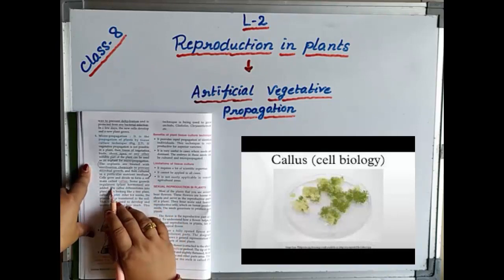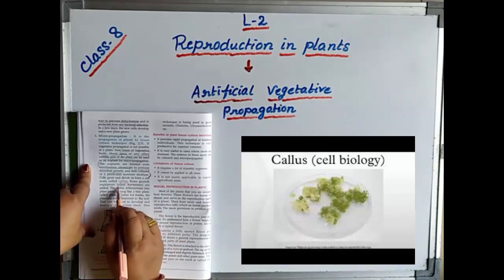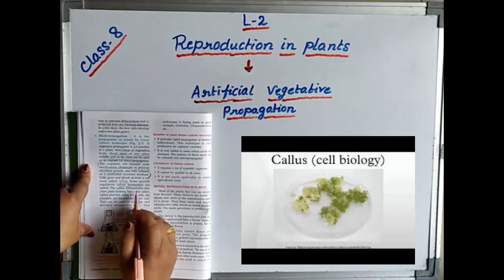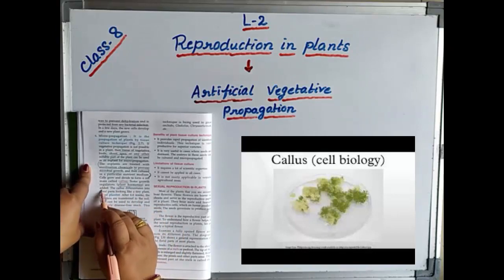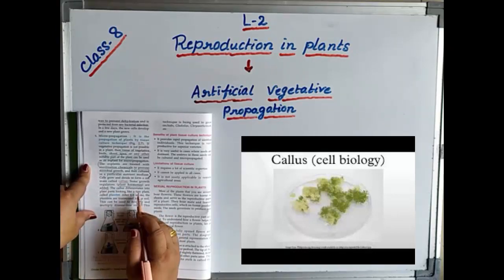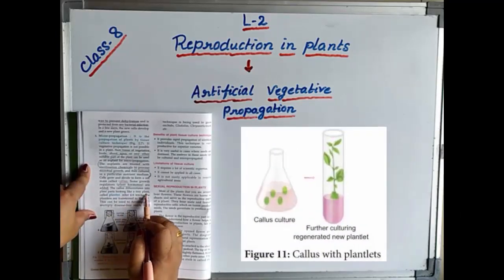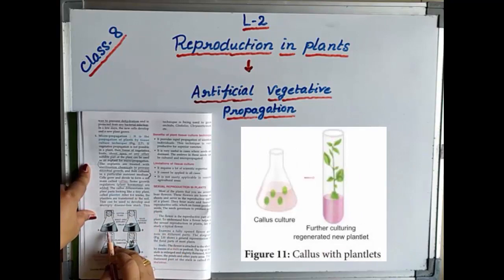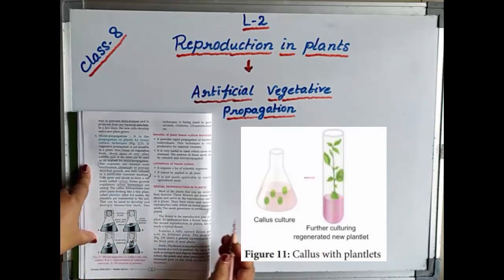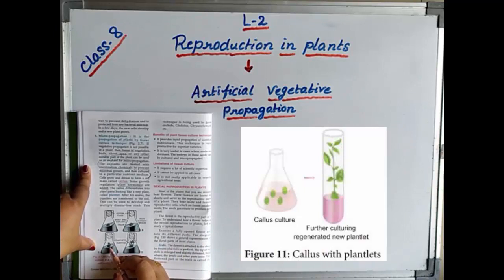Some growth regulators, who are the growth regulators? That is the plant hormones, are added to it to give a better result. The callus differentiates into plant parts looking like a tiny plant. Okay, in the long run you see that in C and D you can find, and here also you can see that they are slowly giving the plant type shape.